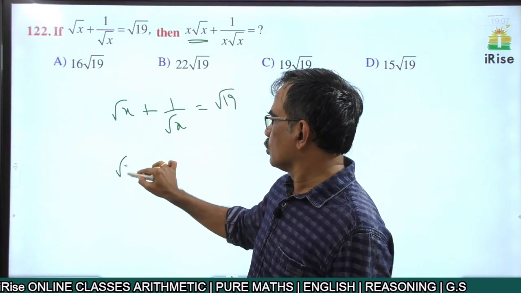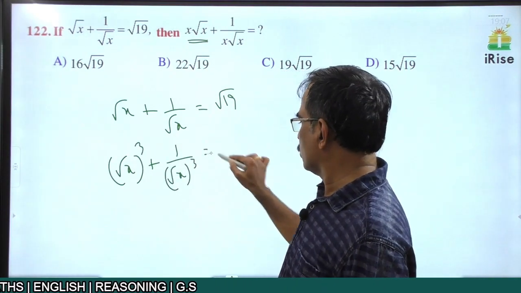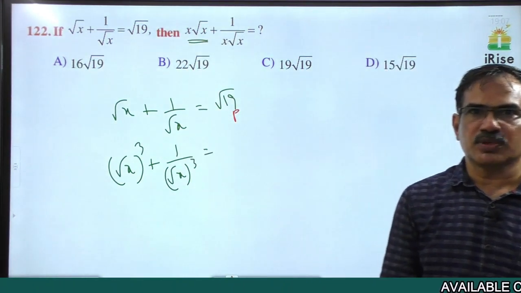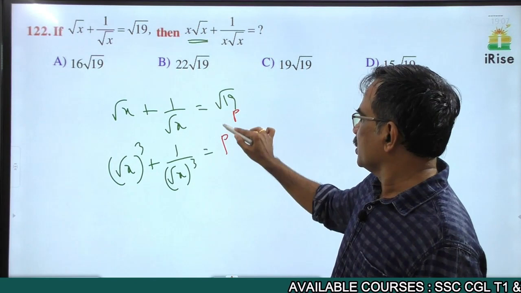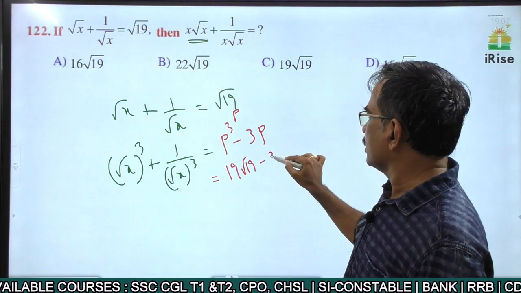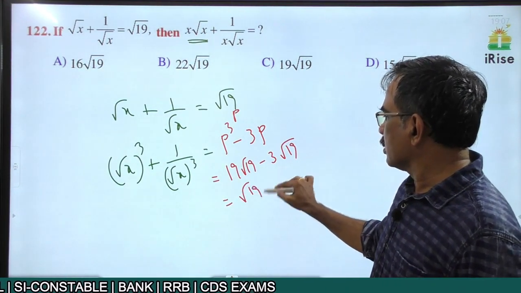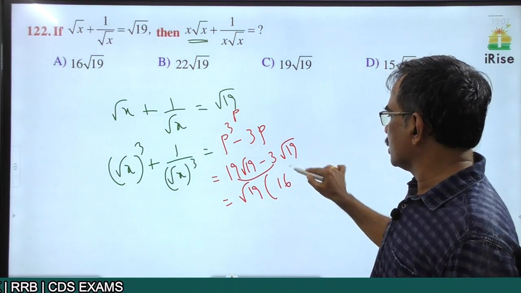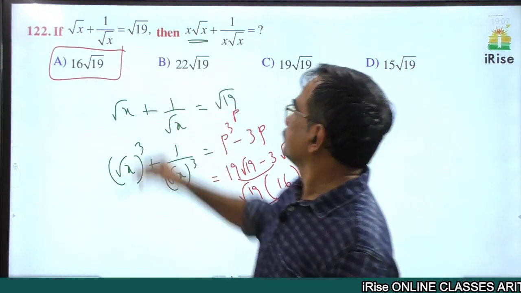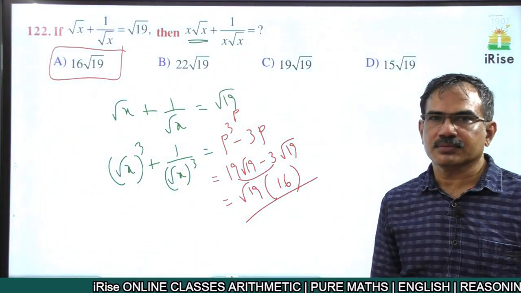Then (√x)³ + 1/(√x)³ is equal to, consider x + 1/x as p, x³ + 1/x³ is equal to p³ − 3p. p³ is 19√19, minus 3 into √19. Taking √19 common, 19 − 3 is 16. So the answer is 16√19.